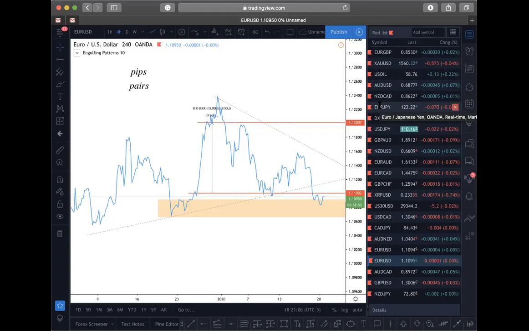All of these pairs, the first currency in the pair is usually the base currency, meaning one of that currency equals to the other currency. So meaning 1 Australian dollar equals to 0.68 cents in US dollars, right?